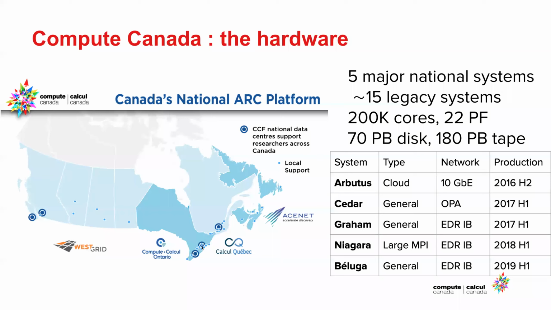Graham in Waterloo, which is basically the twin of Cedar, except that it uses InfiniBand instead of OmniPath. Niagara, which is a large parallel cluster, it uses a non-blocking InfiniBand across all of the system. And Beluga, which is the most recently deployed in Montreal, which is also a general purpose cluster.